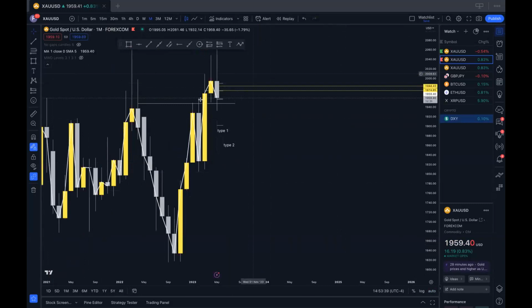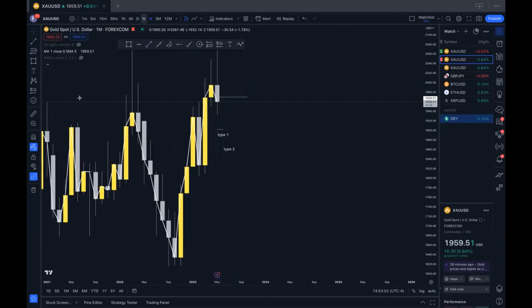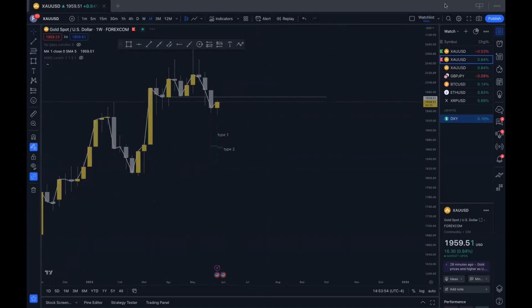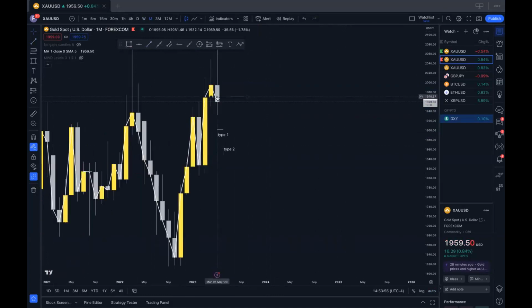Let me clear this stuff out. We can see the basic look on the monthly. You have this engulfing look. If the month closes like this, that means gold should be bearish.